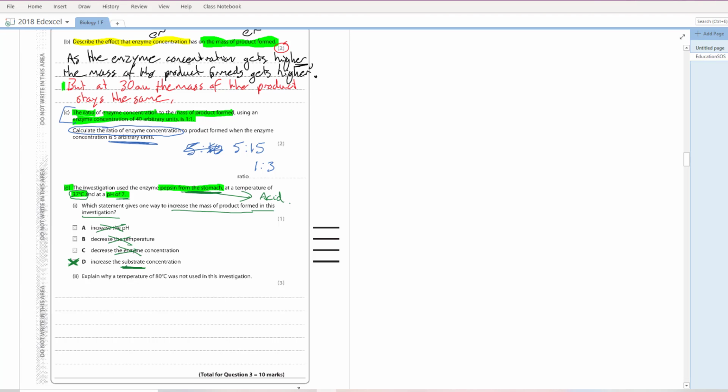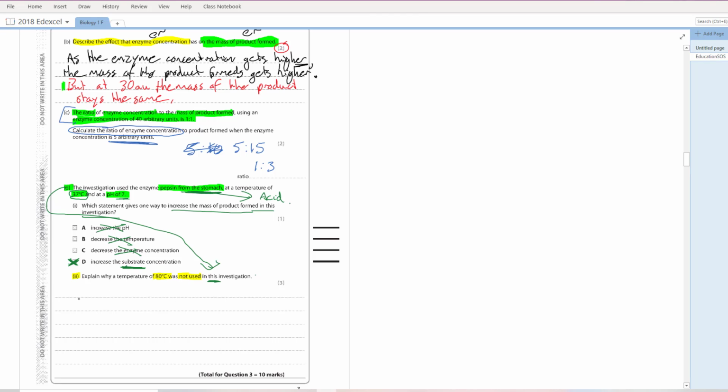Now the final question in this is going to be the most difficult question from the series of questions we've seen so far. Explain why a temperature of 80 degrees Celsius was not used in this investigation. So this refers to the investigation with pepsin from the stomach at a temperature of 37.